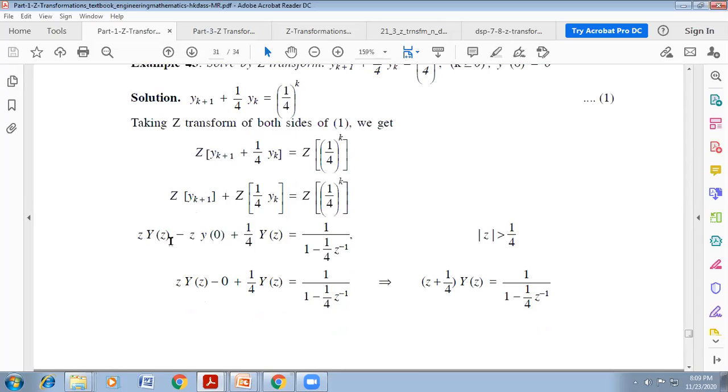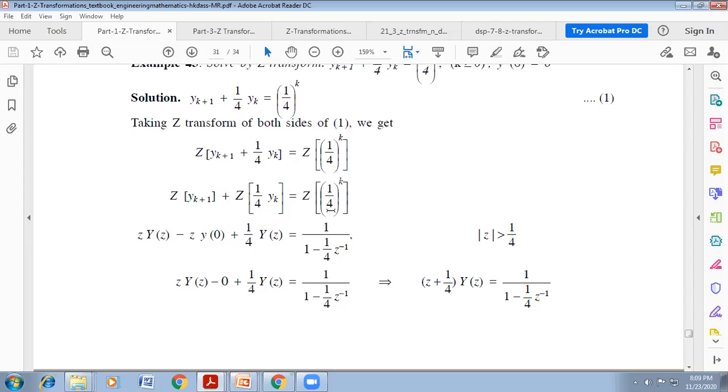And 1 by 4 is a constant term, so 1 by 4 into the Z transformation of y(k), which is Y(z). Just taking the transformation of y(k) equals Y(z), we get this.